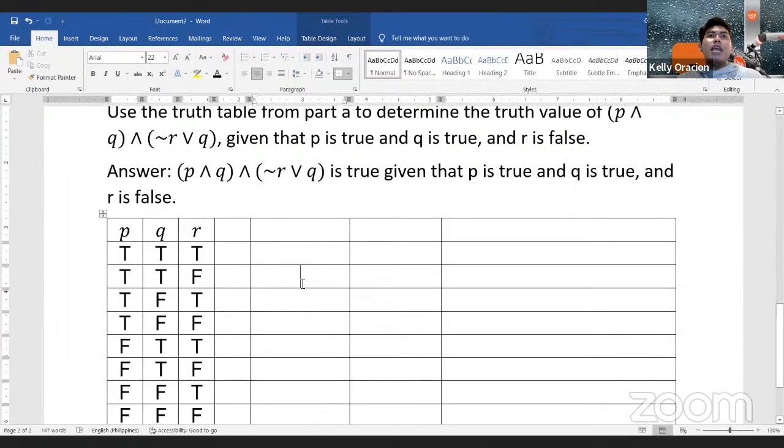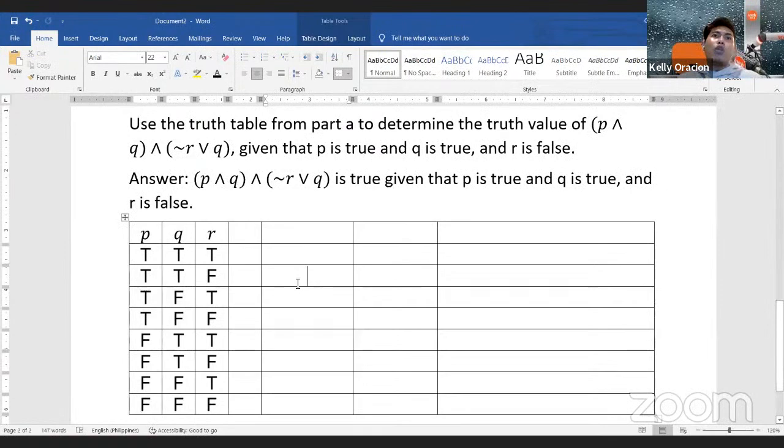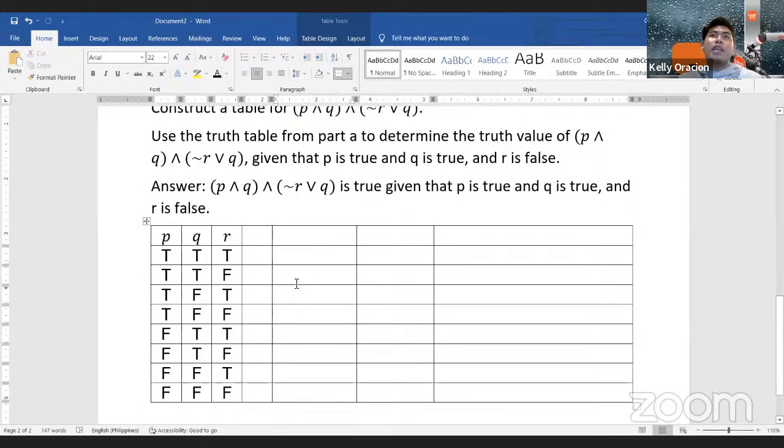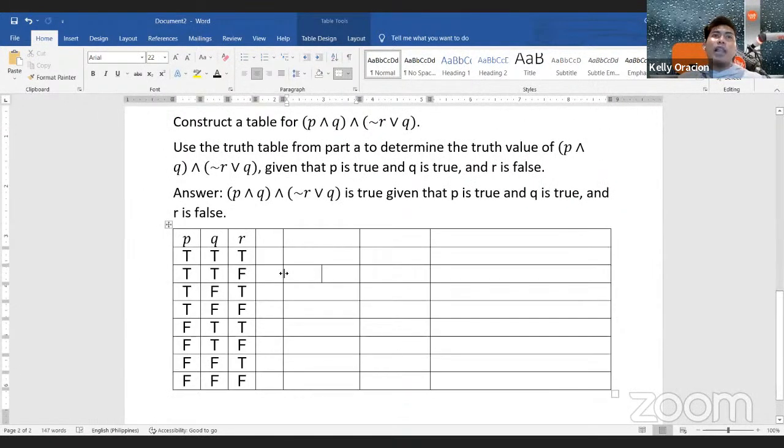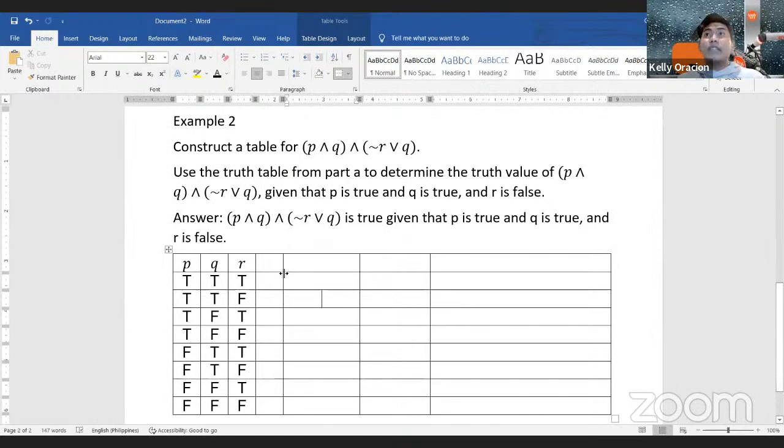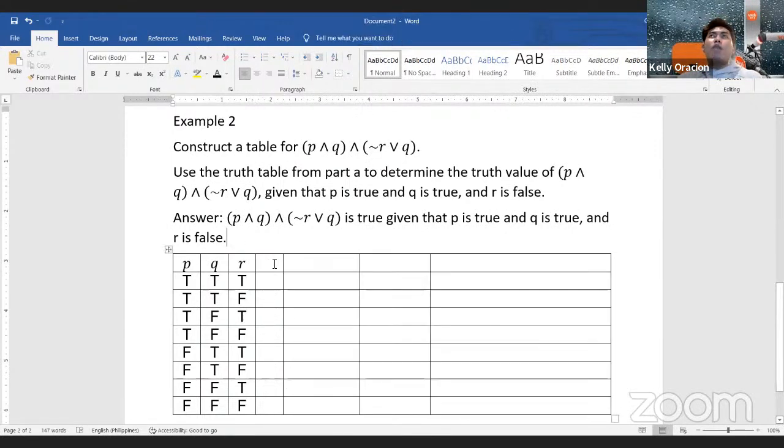Now, since I already gave you a clue on how to determine the truth value of this one, diba nag-solve na tayo sa ating first example. So for this example, I want you to complete this table. But before that, let me give you a clue first.